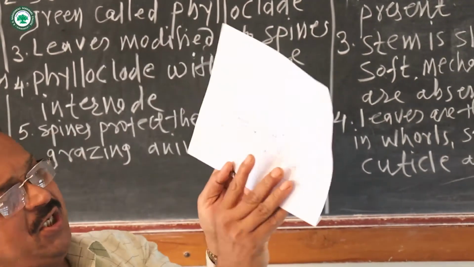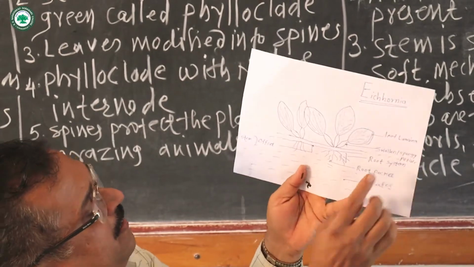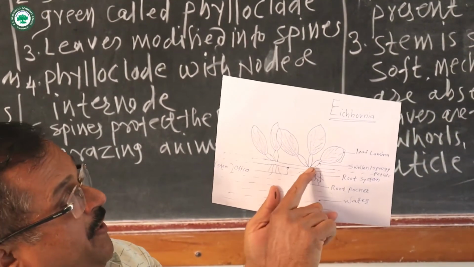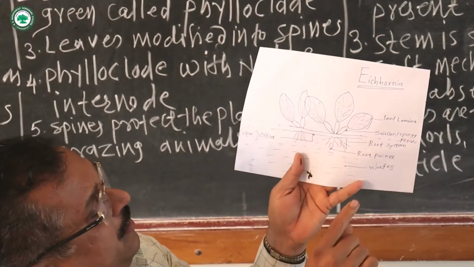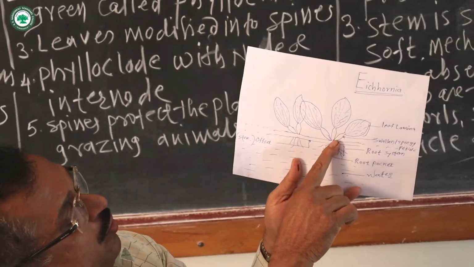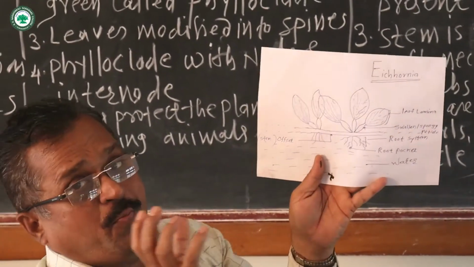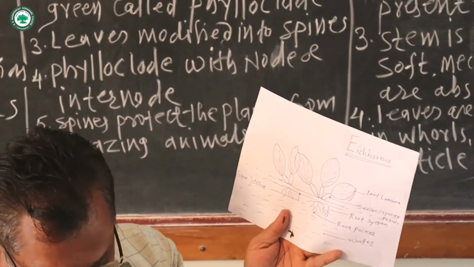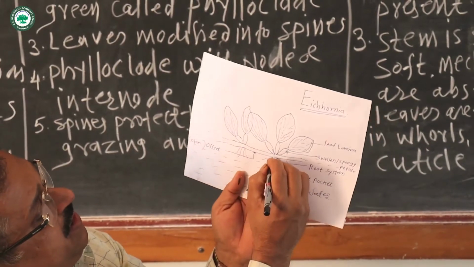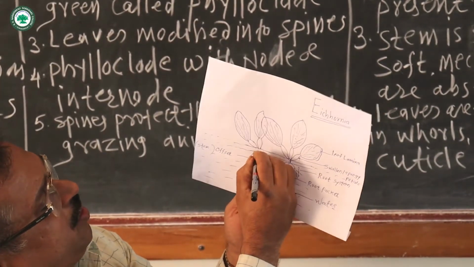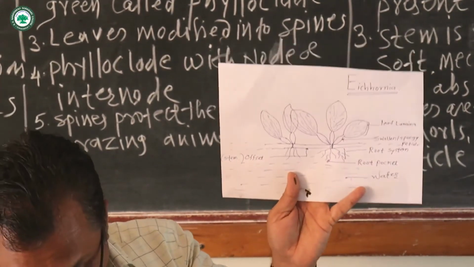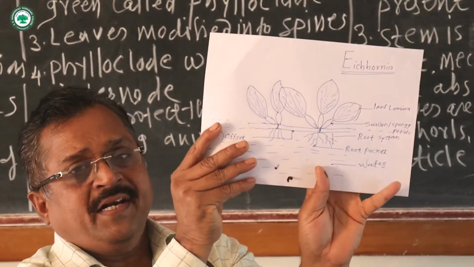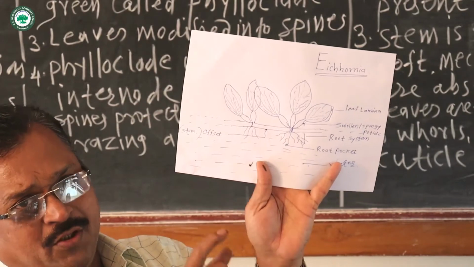The characteristic features of the plant: the petiole is swollen. See, this is the petiole, and a bunch of leaves arises at the nodal region of the stem. Stem is called offset, a modified stem for vegetative reproduction.